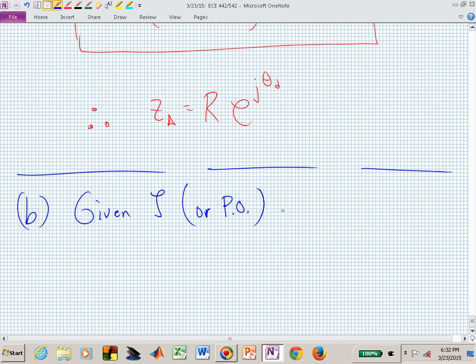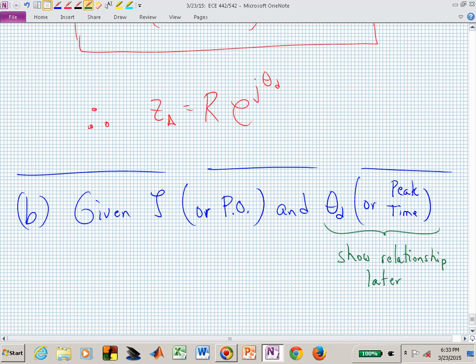And what if they give us theta sub d, or the peak time? Hopefully we'll get to that in a minute, but let's show that relationship. The theta sub d peak time relationship.